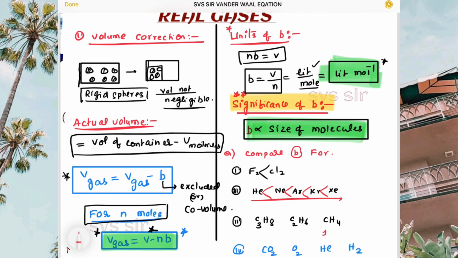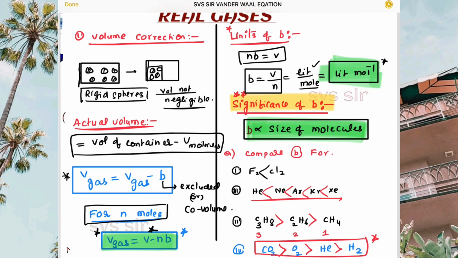Here you take methane with 1 carbon, ethane with 2 carbons, propane with 3 carbons. With increasing number of carbon atoms, molecular weight will increase, size also will increase. Carbon dioxide is a polar molecule, whereas oxygen, helium, hydrogen are non-polar molecules. Molecular weight is more for carbon dioxide, that is the reason b is more for carbon dioxide.